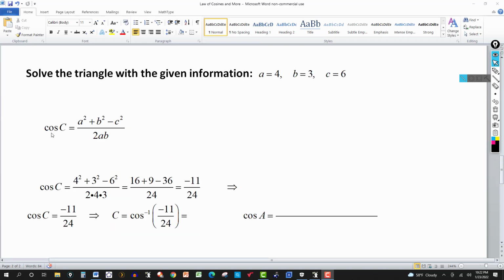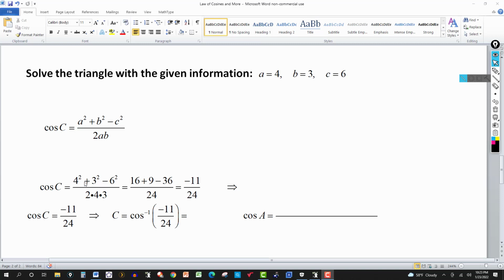The formula says cosine of C equals the sum of the squares of the other two sides, 4 squared plus 3 squared, minus the square of the opposite side, side c, which is 36, divided by twice the product of the sides a and b. So that's 2 times 4 times 3.